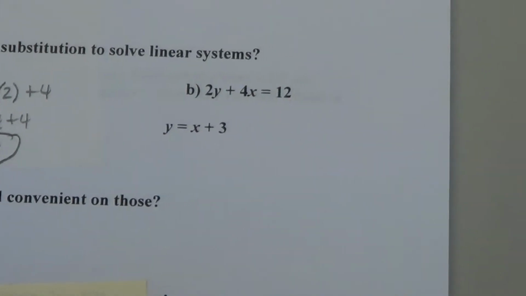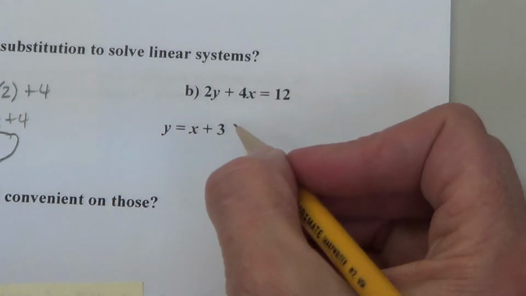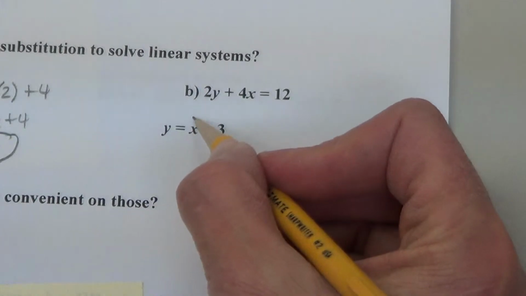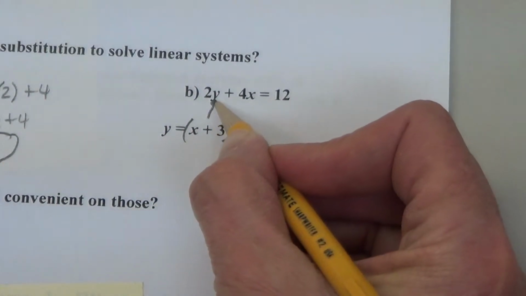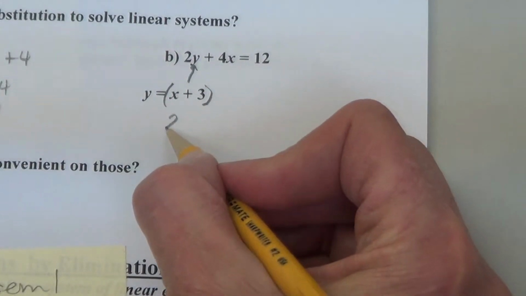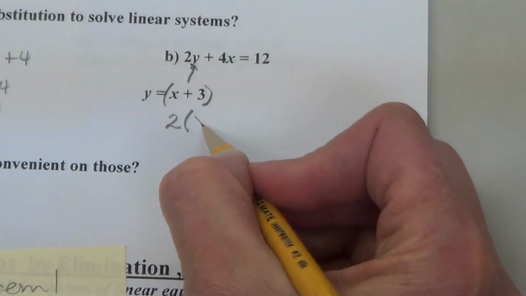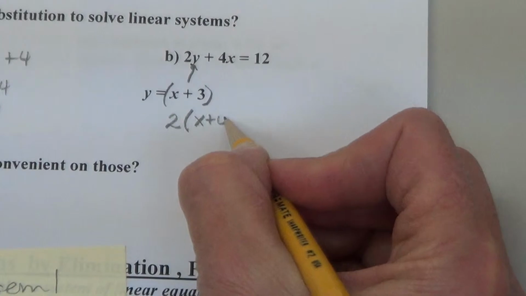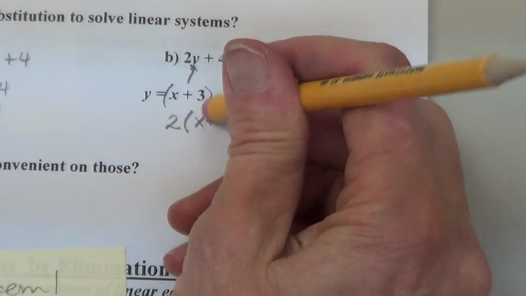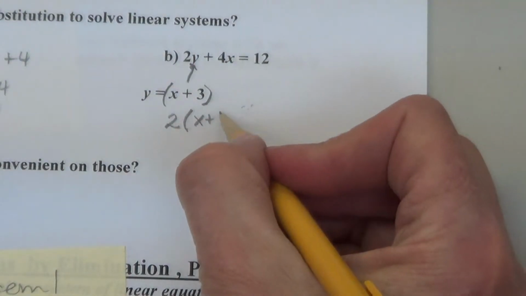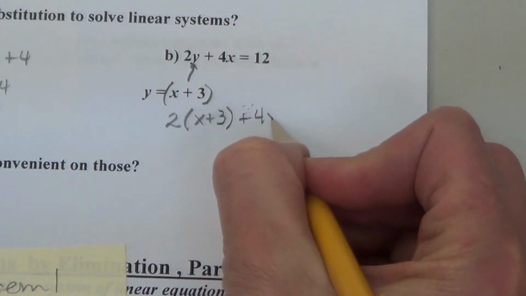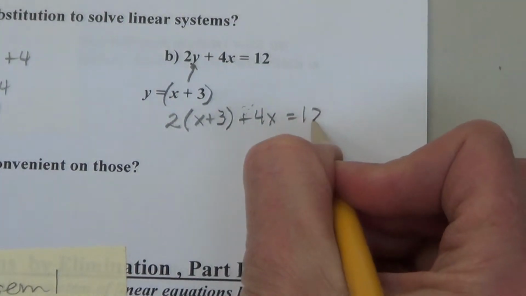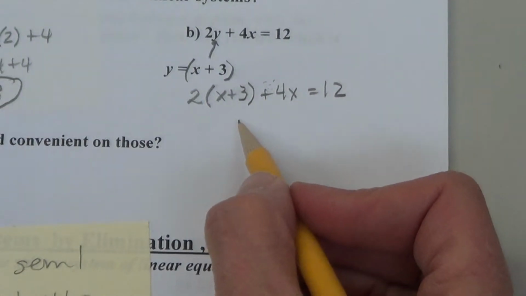Now this one is a little more like what you'll see most of your problems to be like. I have that y equals x plus 3. I plug that x plus 3 in for y. So I now have 2 times (x plus 3) plus 4x equals 12. Eliminate the parentheses.